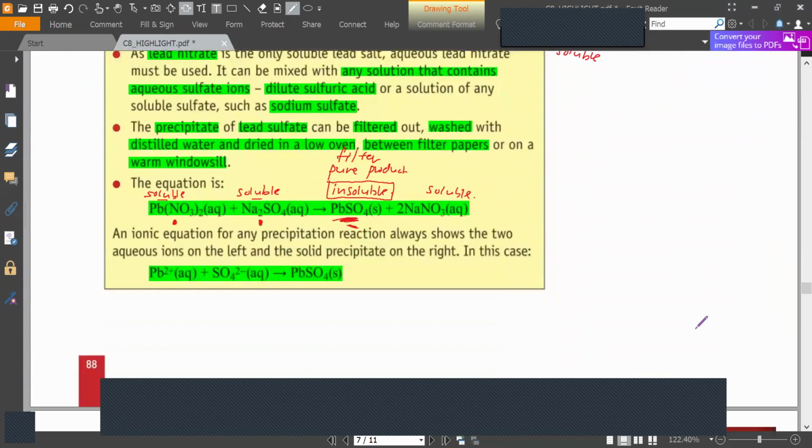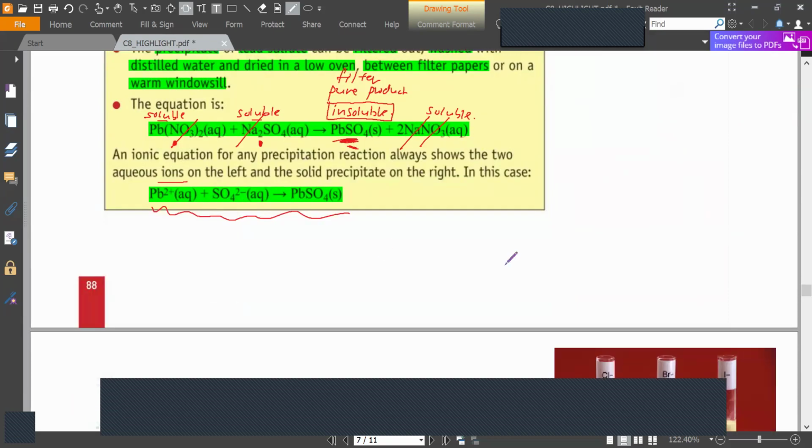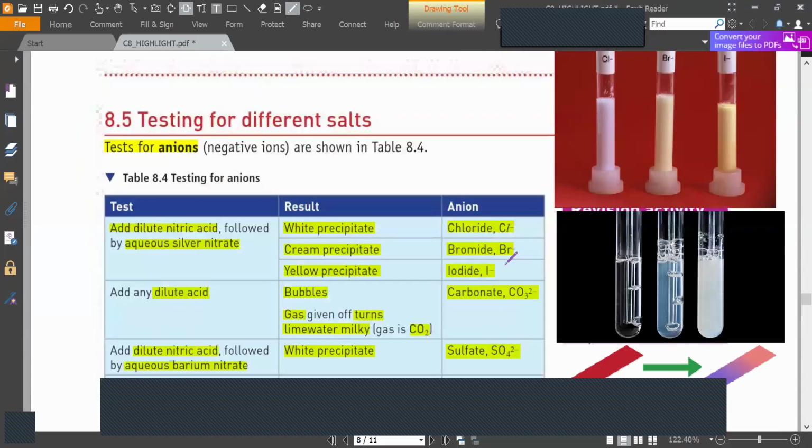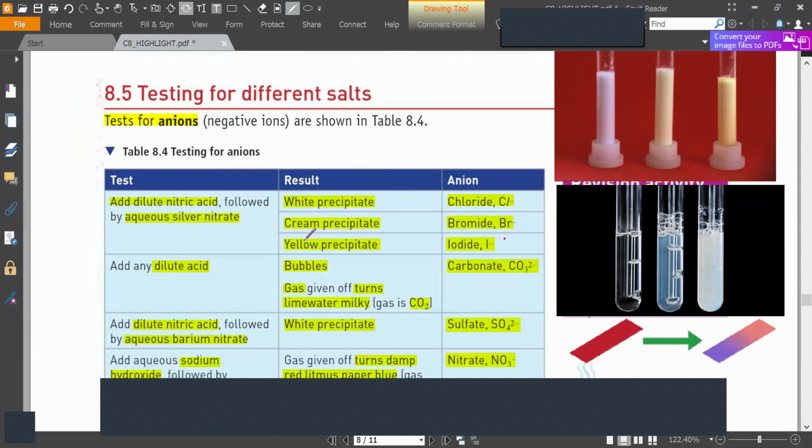So we can also work out the ionic equation. We cancel the nitrate ions that have no change before and after, and the sodium ions that have no change. So we end up with this ionic equation. The other point we need to pay attention to is testing for different salts.